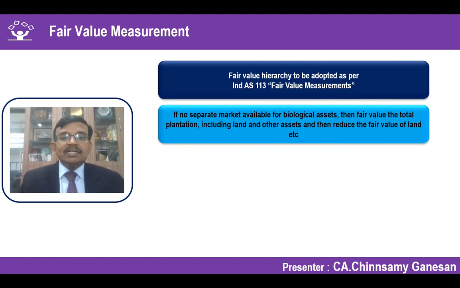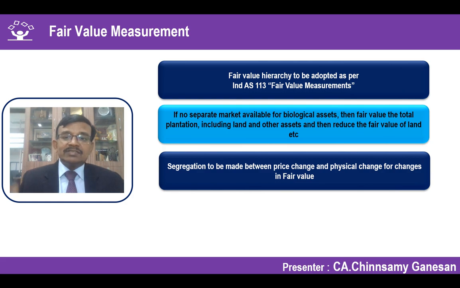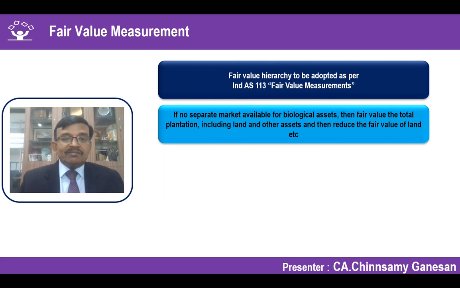That's what it says. If you have a separate market price, take the fair value, or otherwise you adjust it for identical assets. Suppose the biological assets do not have a separate valuation, for example, sometimes a market is available only for the land plus what is on the land. Then first take the consolidated value of land plus the biological asset standing on the land, and then find out the fair value of the land.